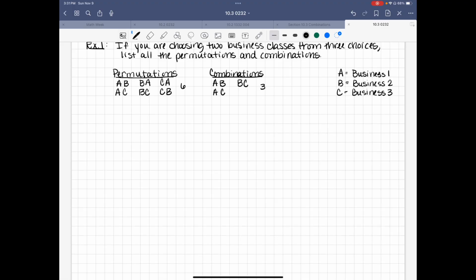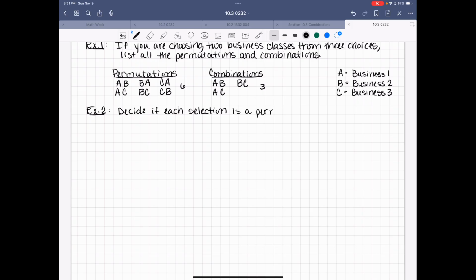Okay, example 2. Now you've got to be able to pick out which is a permutation and which is a combination. Decide if each selection is a permutation or combination.